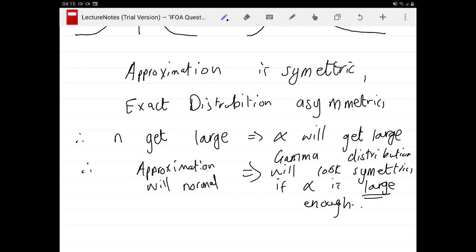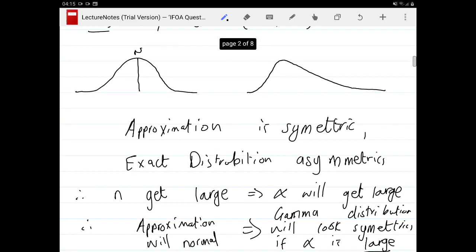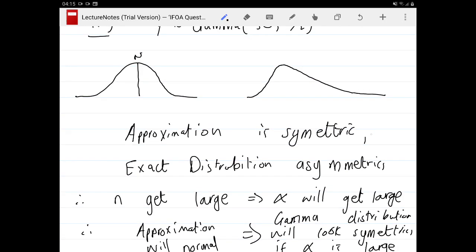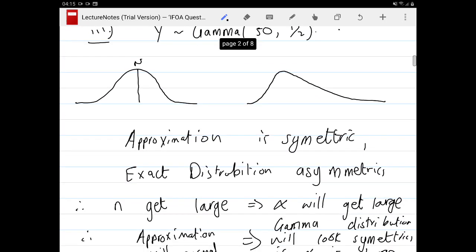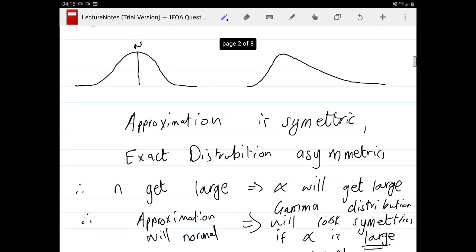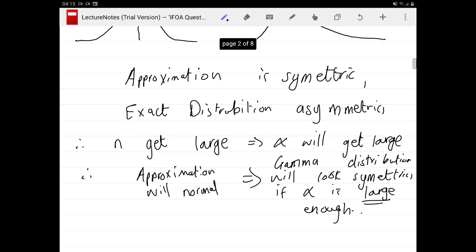That's basically the comment that you have to make on the shape. It's just understanding that your approximation is a normal distribution, which is symmetric, but your exact distribution is a gamma distribution, and that usually is asymmetric. Once you get large enough alphas, your gamma will actually look normal, and that's the point of this last comment that you have to make.